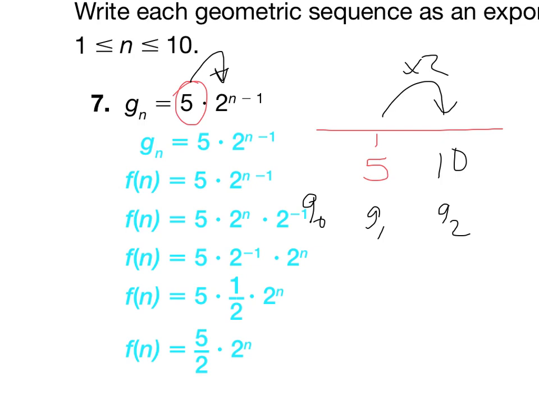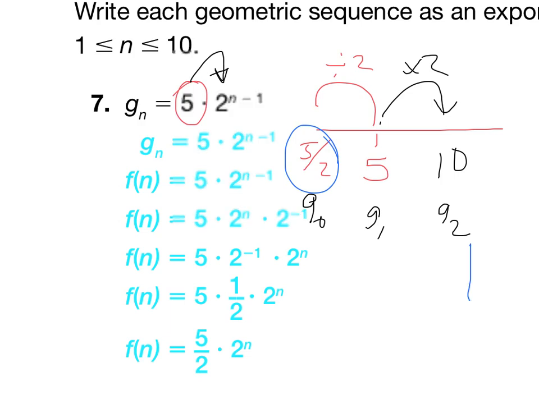So if it's multiplying this way, therefore, it's going to be dividing by 2 this way. So that first, the 0 term will actually be 5 divided by 2. So it'd be 2.5. Okay? So 5 divided by 2. This is the term that we're looking for.